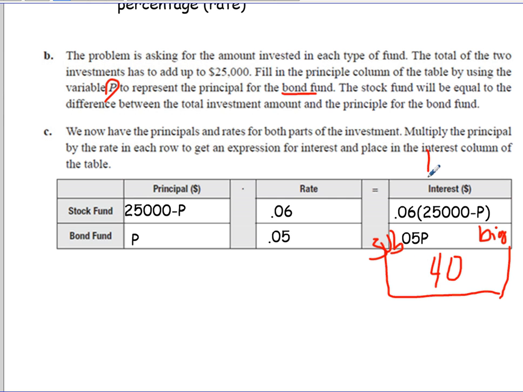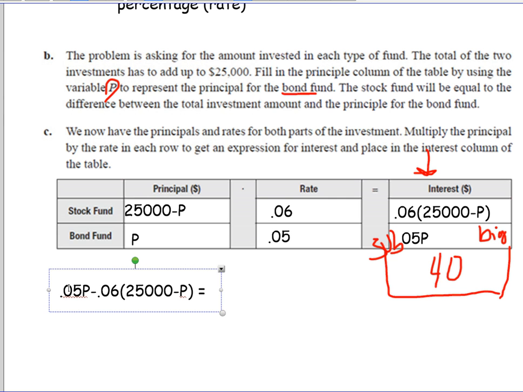So again, everything that I need to know to write my equation, I just put over here by adding that little bit of extra information at the end. And so again, it told us that the 0.05P was the value that exceeded, which means was bigger than the stock fund, 0.06 times the 25,000 minus P. The difference is $40. So there's our equation.